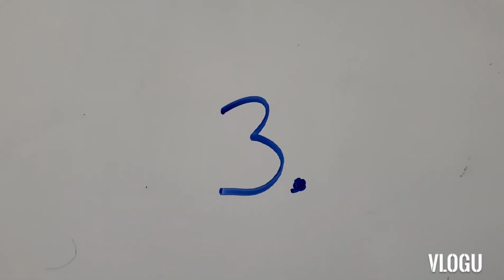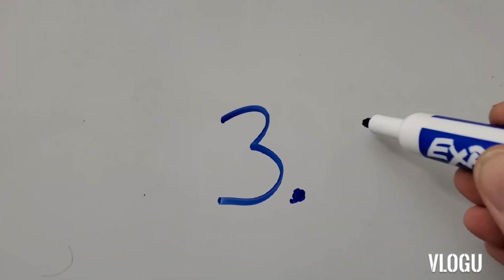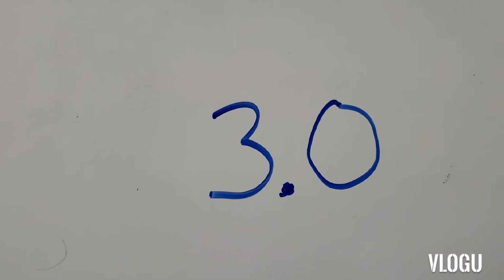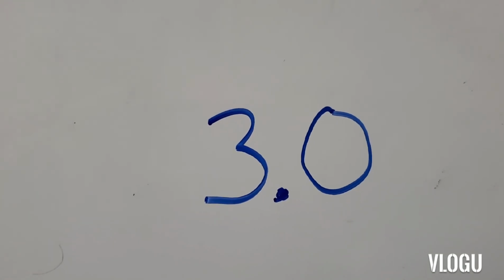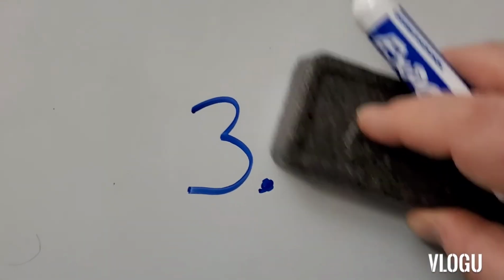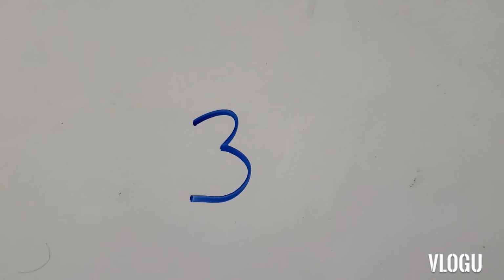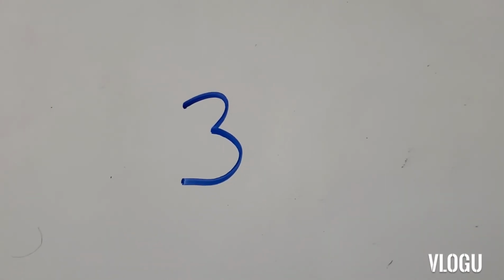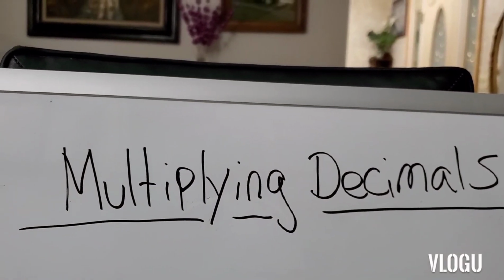And the only reason we would need to put a decimal there and show it as a decimal is if we needed to show a different place value, like a number to the nearest tenths, just like we did last week. But normal 3, even though the decimal lives there, we just write it like this. This is important as we go forward with multiplying decimals.